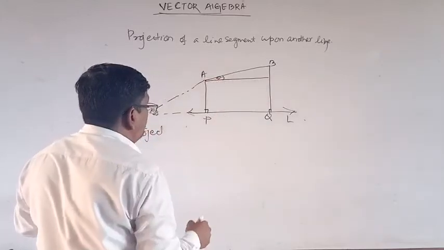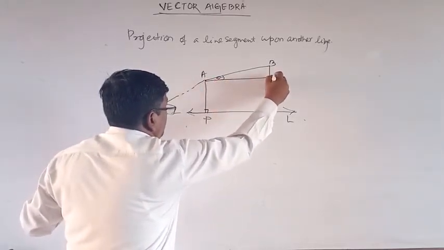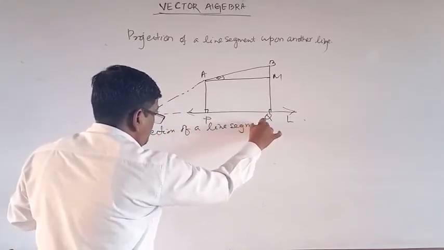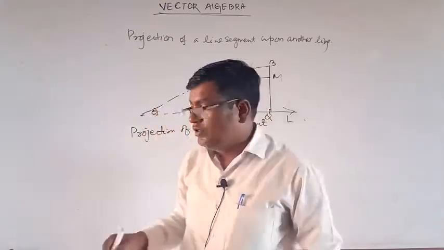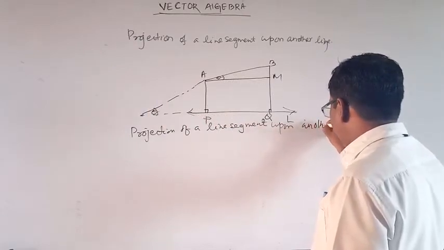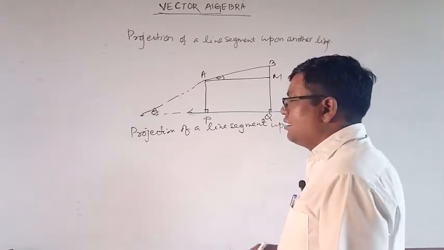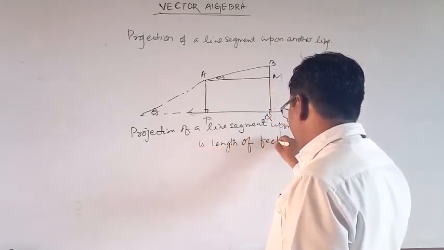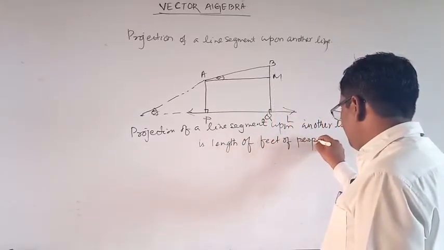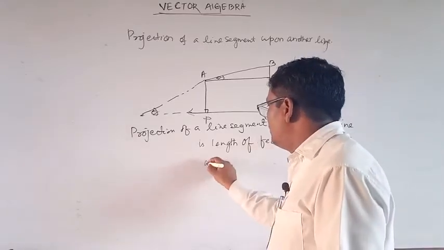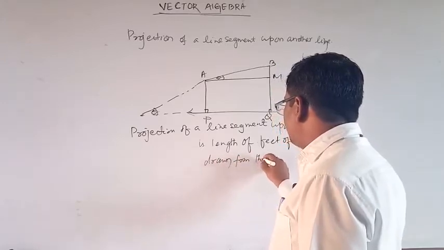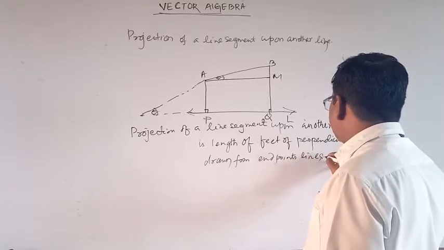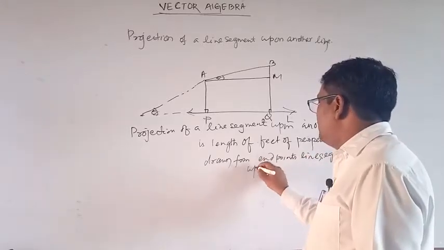This is AM. So the projection of a line segment upon another line is the length of the feet of the perpendicular drawn from the line endpoints of the line segment upon another line.